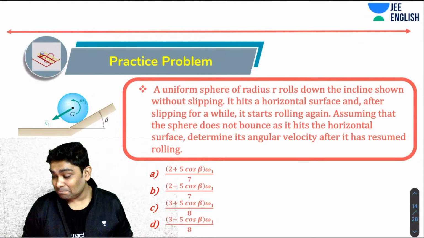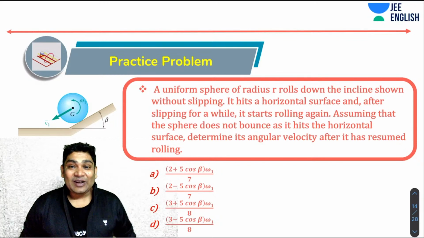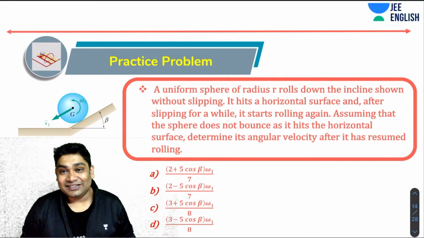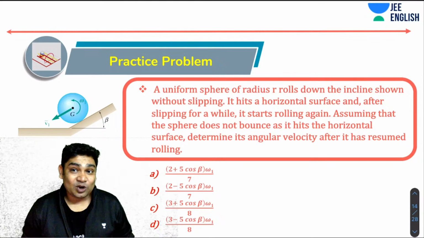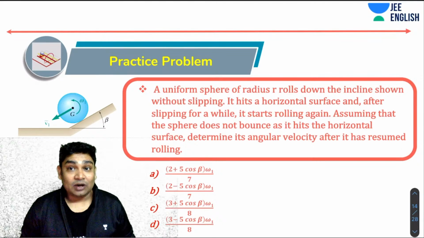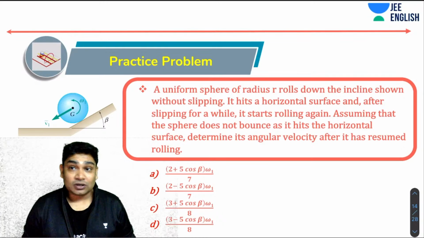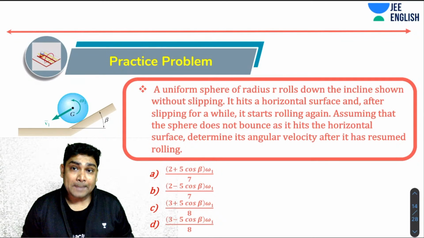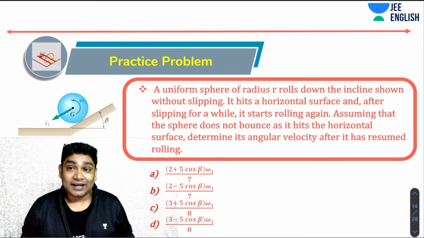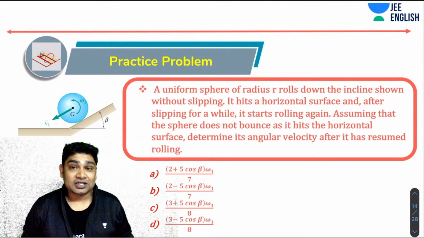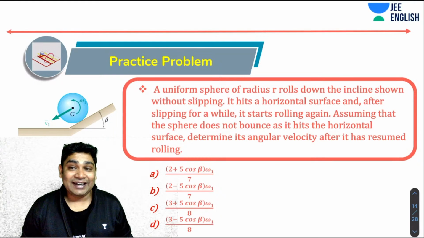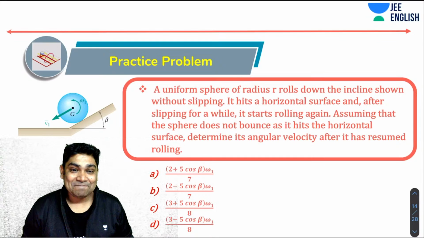Okay. All right. Now let's try another very interesting problem. So this says a uniform sphere of radius small r rolls down an incline without slipping. Now it hits the horizontal surface, and after slipping for a while, it starts rolling again. Assuming that the sphere does not bounce as it hits the horizontal surface, you have to determine the angular velocity after it has resumed rolling.